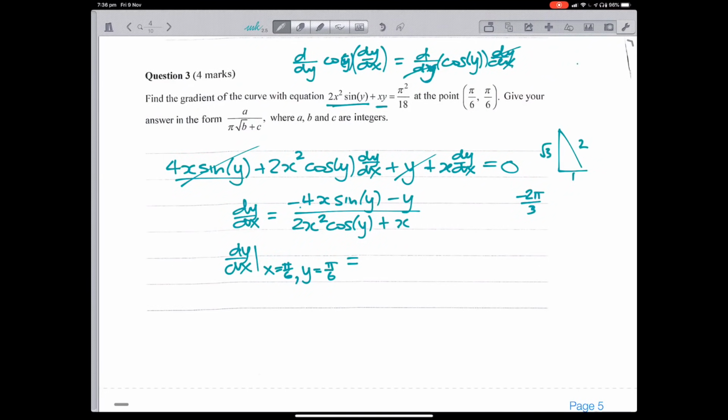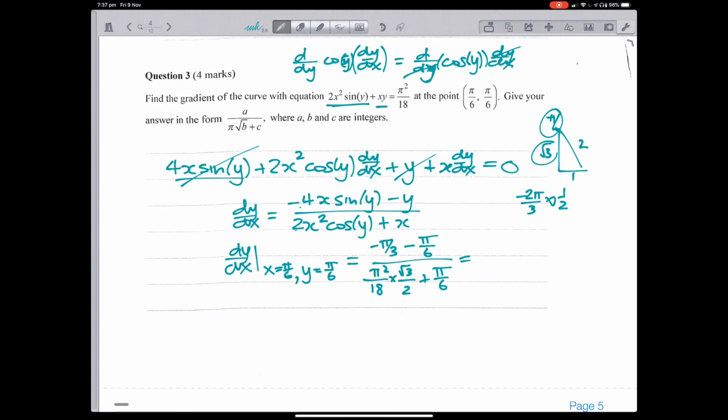Sine of pi on 6 is a half, so times a half, so I get negative pi on 3, minus pi on 6, over 2 times pi on 6 squared, which is pi squared on 18, times cos of y, which is root 3 on 2, because cos of pi on 6 is root 3 on 2, plus x, which is pi on 6.